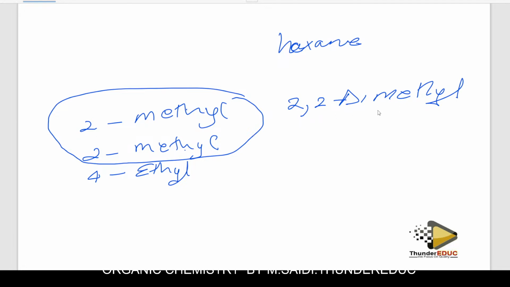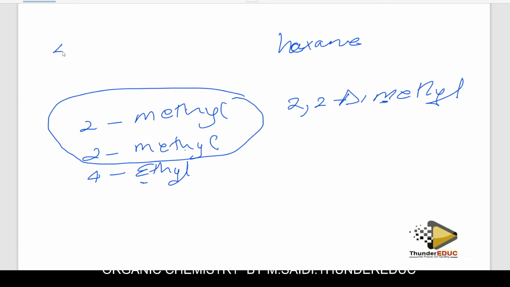Then I go to the last step. It is meth, M and E. Which one is first, M or E? The answer: you don't take this di, because that is just to show how many there are. You go with the real name. M and E, which one is first? The one which is first is E. Therefore, when I'm writing, I start with alphabetical order.